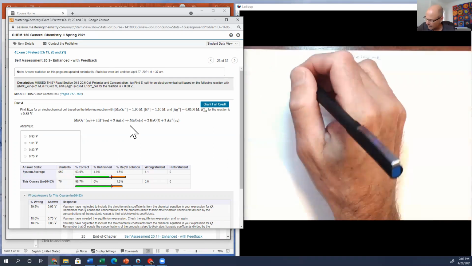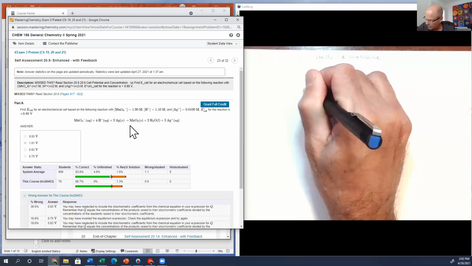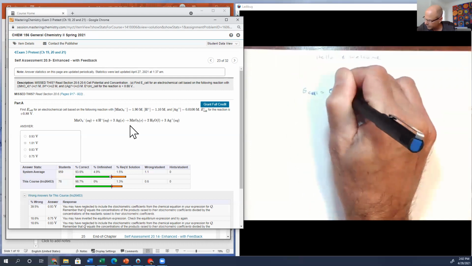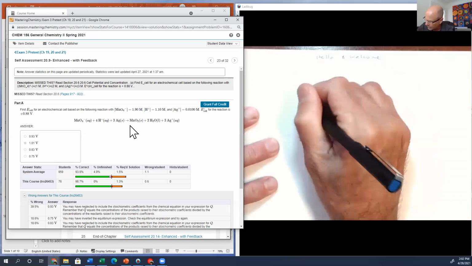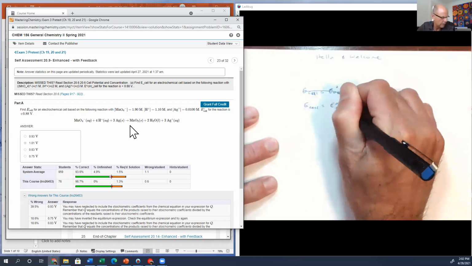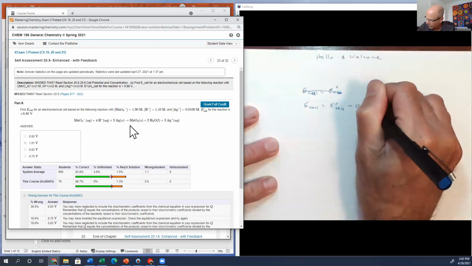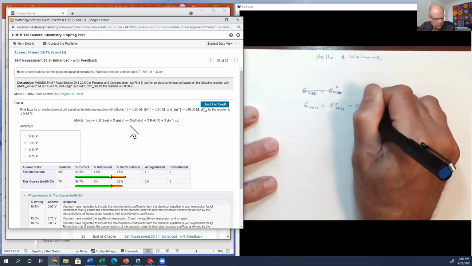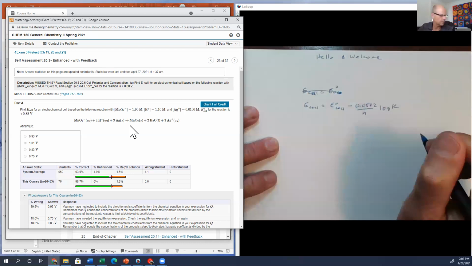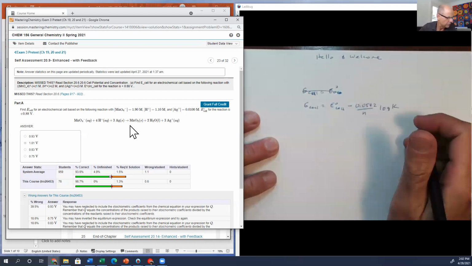So E cell is equal to E naught cell minus 0.0592 over n times log of K. Oh no, that's not right. That's the wrong equation.